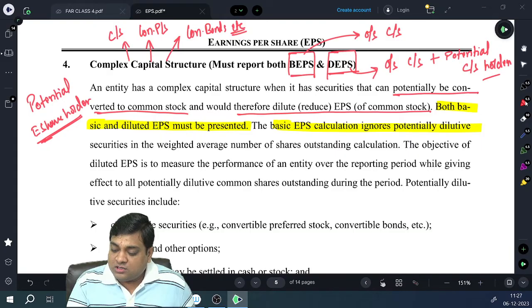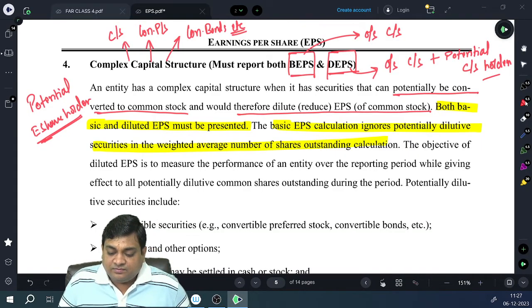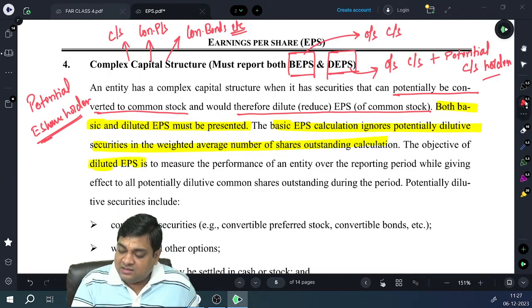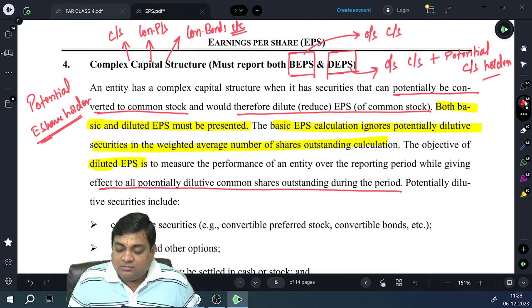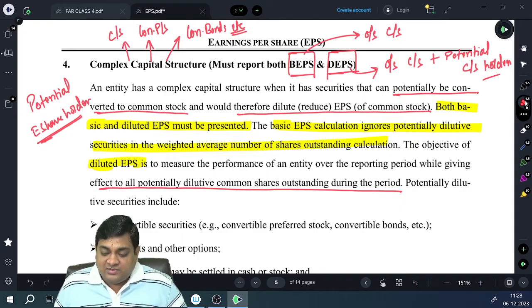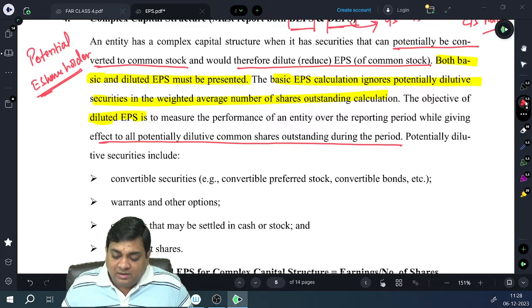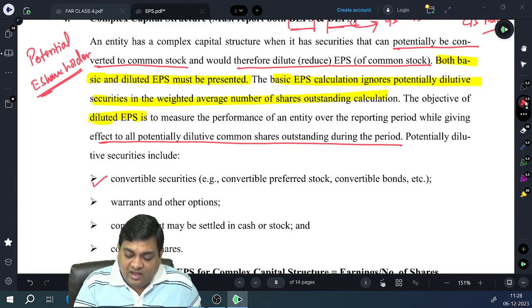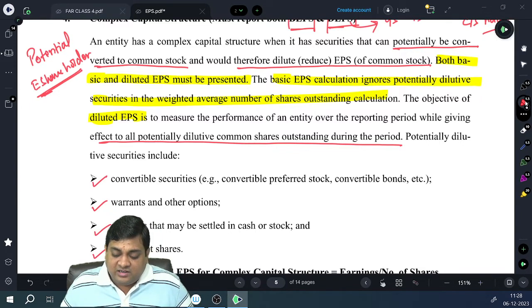Basic ignores potentially dilutive securities in the weighted average, and diluted EPS is to give effect of all potential equity shares as well. So under potential equity shares, we have convertible securities, warrants, contracts that may be settled in cash or stock, and contingent shares, right?